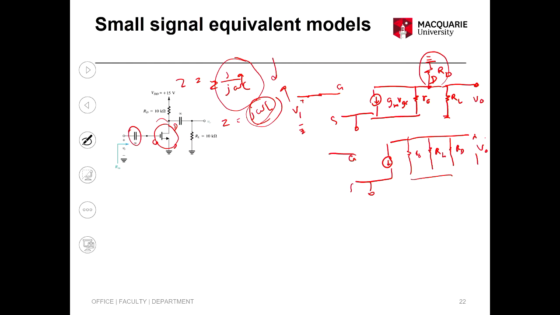So your VGS is pretty much V1, right? Because there's nothing in here. So what's the current that comes in here? This whole thing is 3 resistors in parallel, so you can just do one circuit. So the current that comes here is gm VGS, which is gm V1, right?